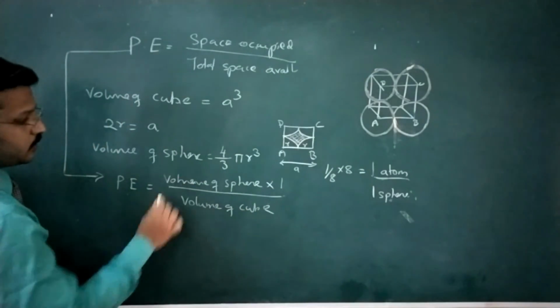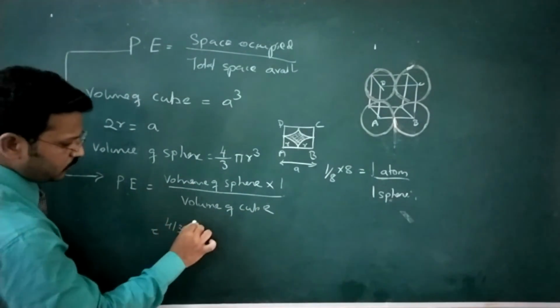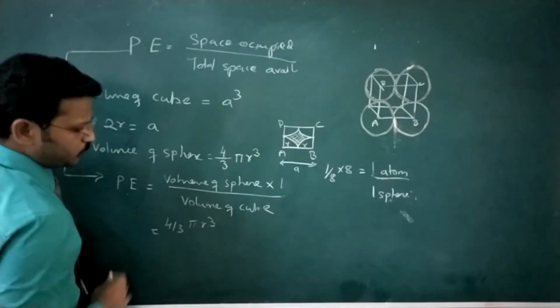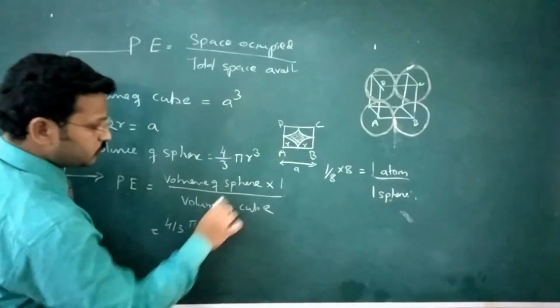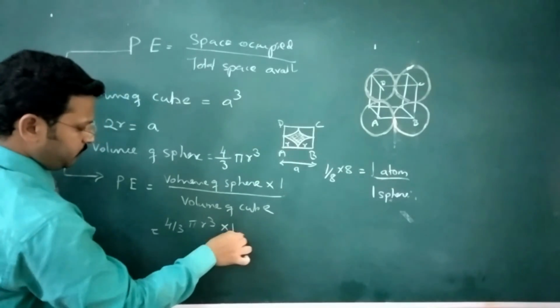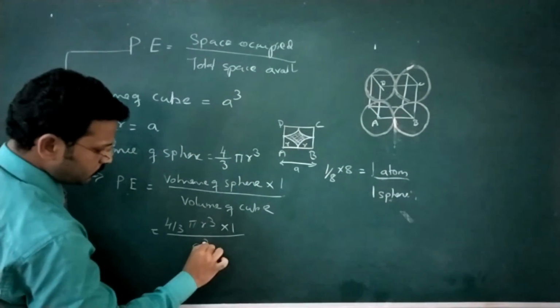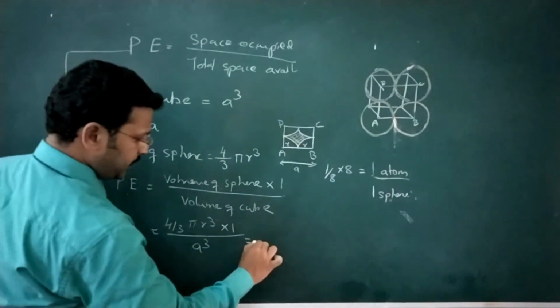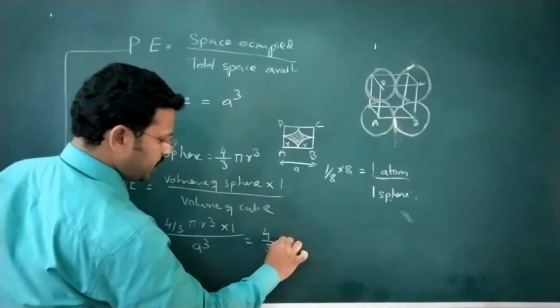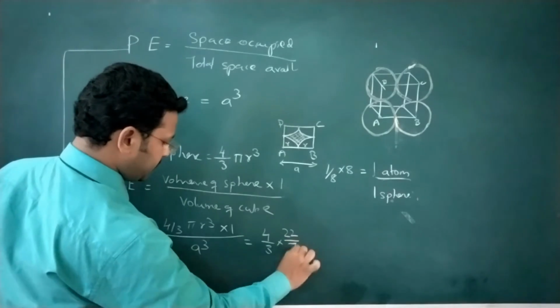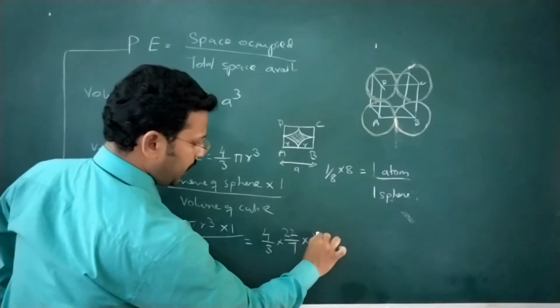So we have 4/3 pi r cube into 1, divided by a cube.